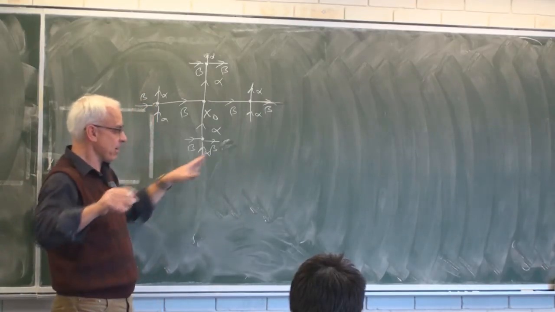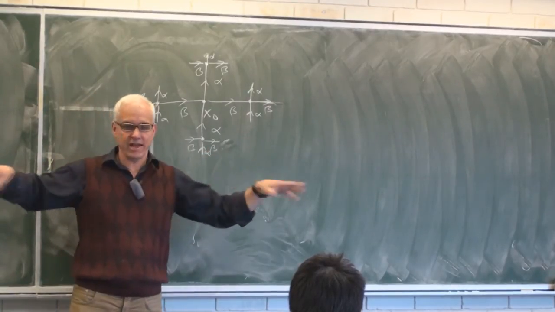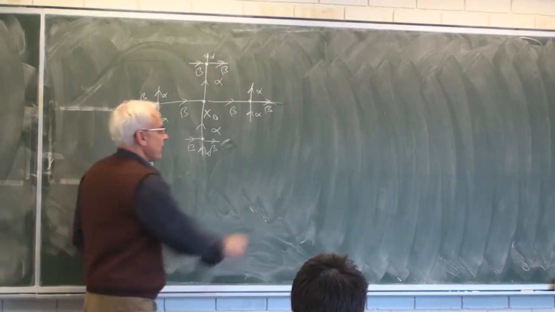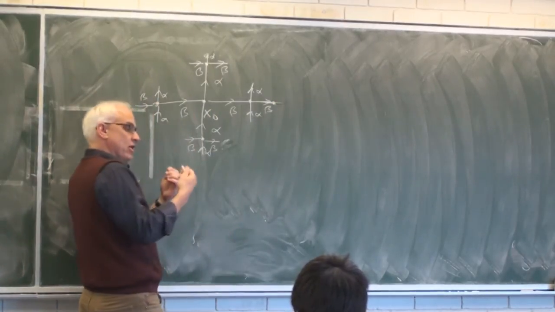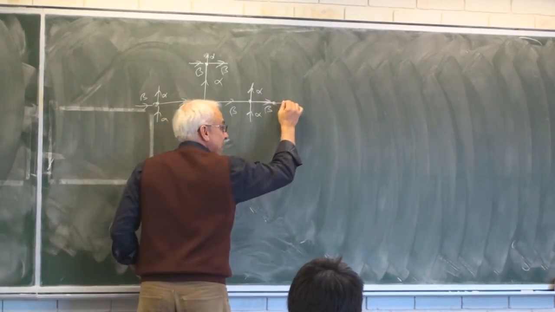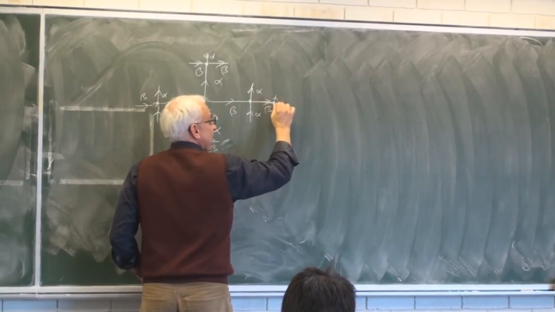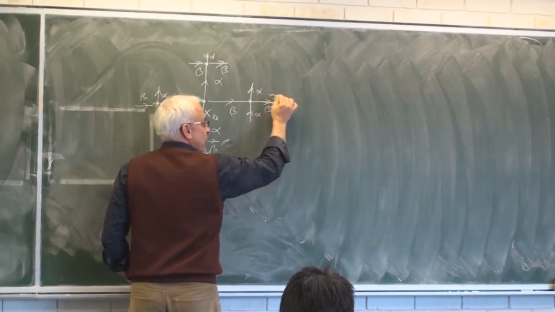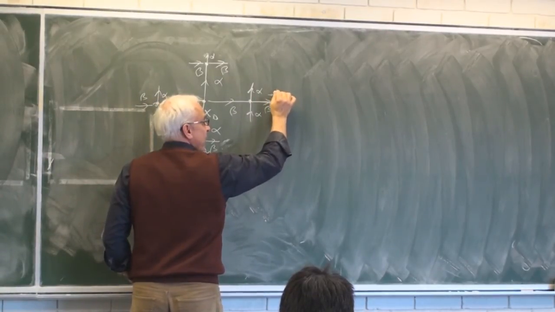I'm going to keep going in all directions, adding vertices and adding edges, never joining up to what we've already had. So at this point here, for example, I have to create three new edges: a new beta edge, a new alpha edge, and another alpha edge coming in. And then at this point, I need two new beta edges and another alpha edge.